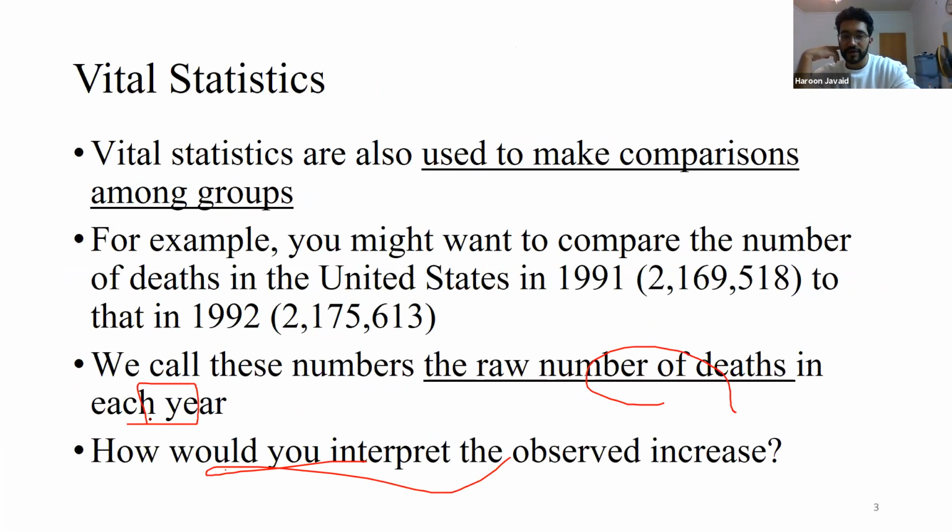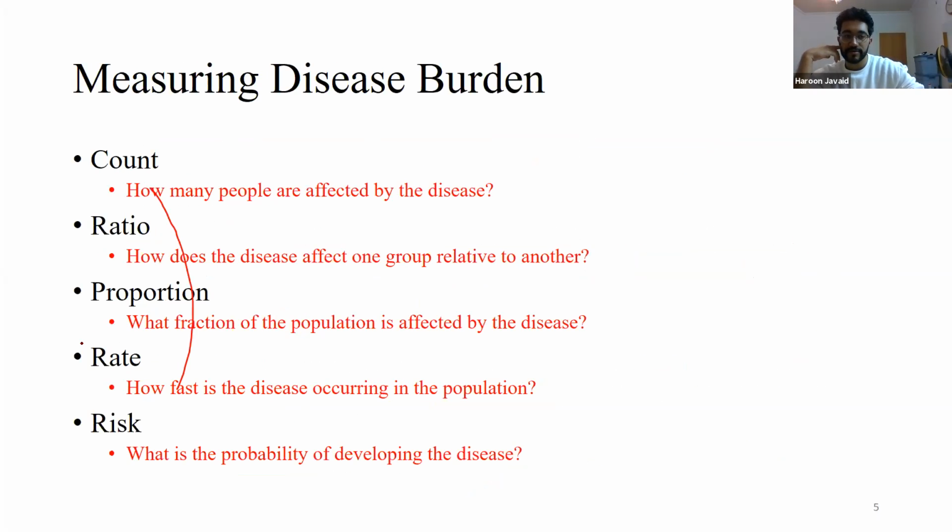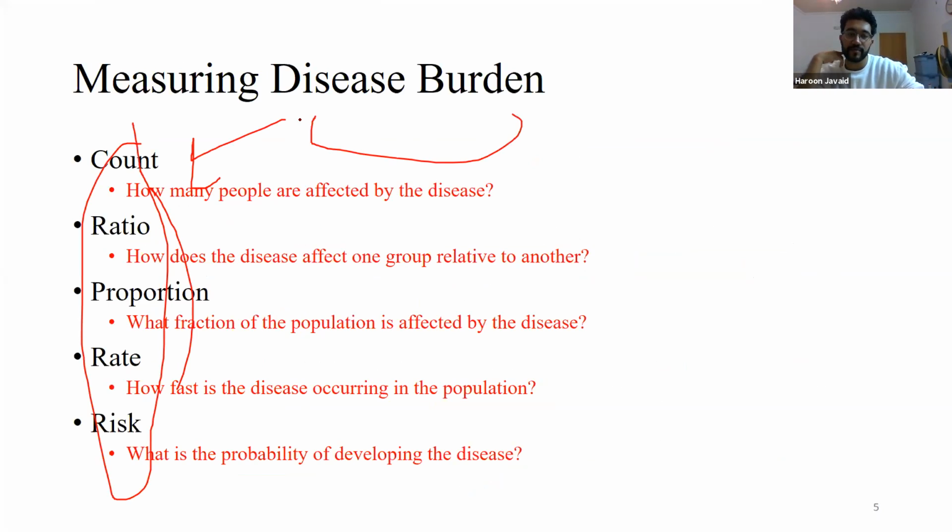Okay, crude is basically all of these when they are considering the whole population as a whole. They're not dividing them into different categories. Okay, so a raw data can be a crude data because raw is just a number, it's a count. Crude data is concerned with the whole population.